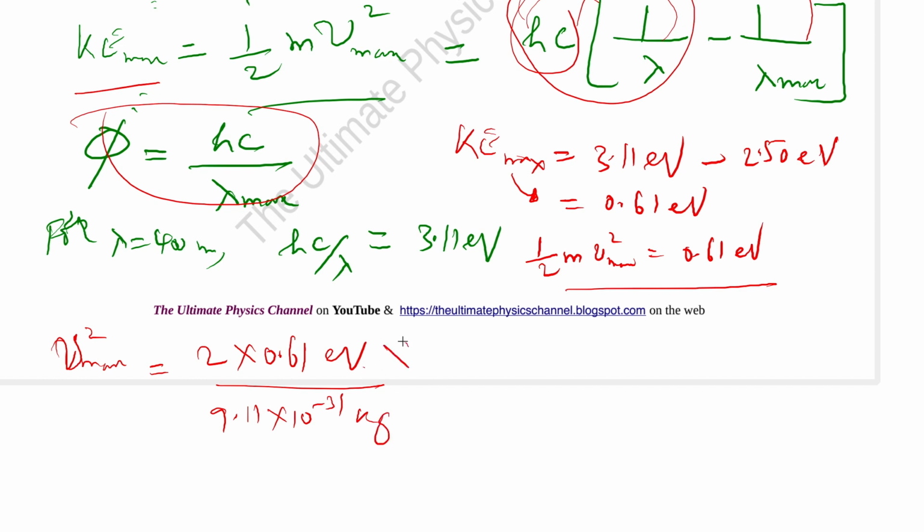Of course, this eV has to be converted to joule units to do this calculation. So this is what we get.